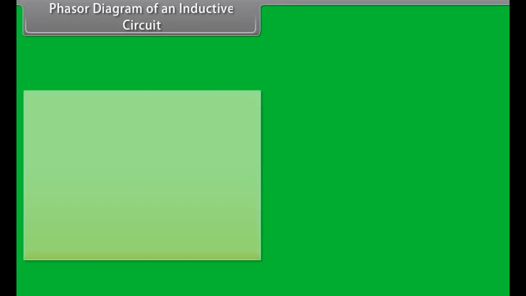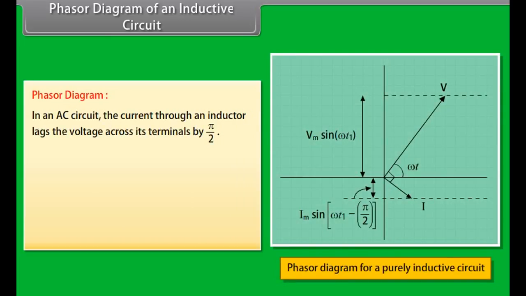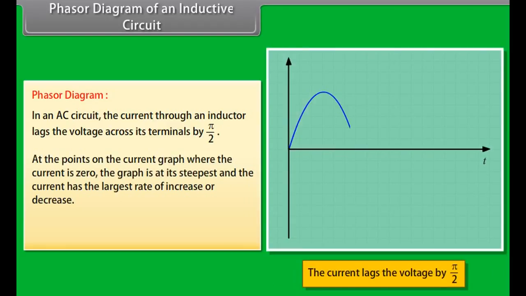Now, integrating both sides with respect to time, we get I = Im sin(ωt − π/2). The amplitude of the oscillating current is written as Im = Vm/ωL.